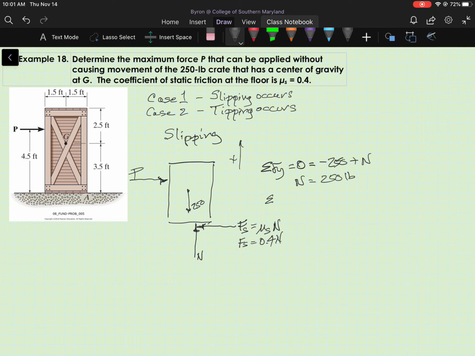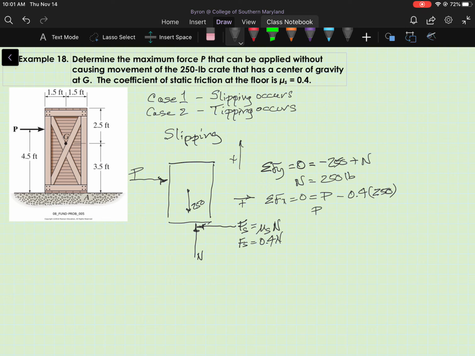And then summing forces in the x direction, we have P minus F sub s, which is 0.4 N, and we know N is 250 pounds.